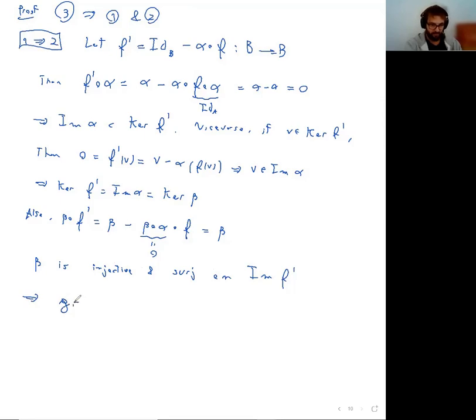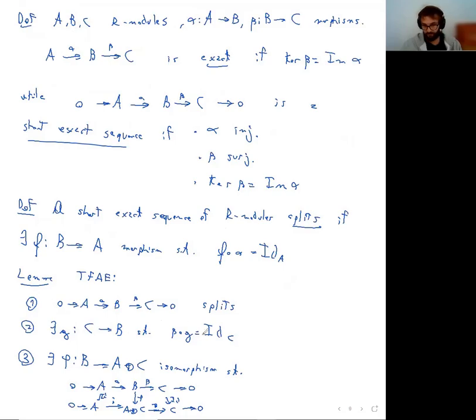So we define G as the inverse of beta. And of course, this now does what we want it to do, because that is what we were asking: that G was the inverse of beta.